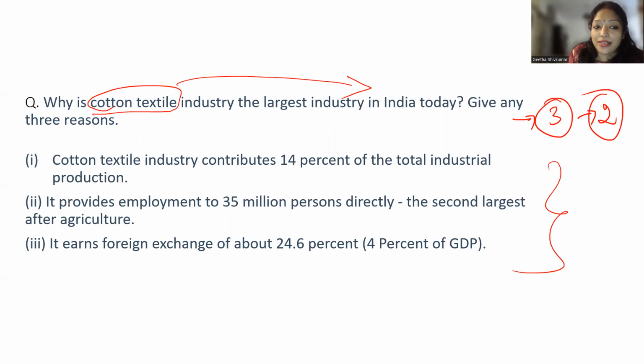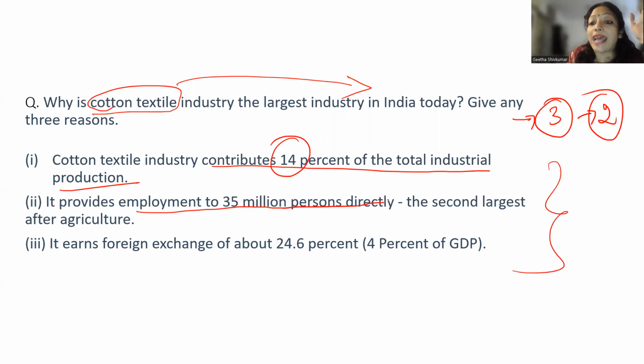The first one, how we can come to the conclusion that the cotton textile industry is one of the largest industries in India. It contributes 14% of total industrial production. It provides employment to 35 million persons directly, so it is second largest after agriculture.